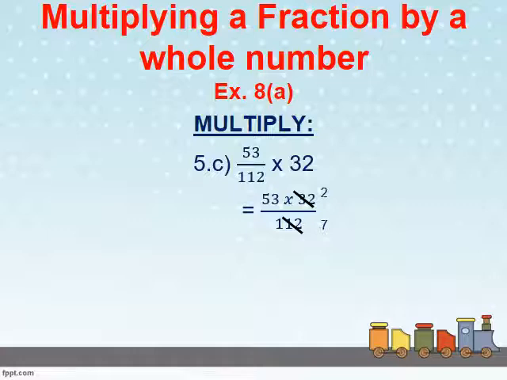Now in the next step, what are we going to write? We will write 53 multiplied by 2 upon 7, which in turn is equal to 106 upon 7. And since 106 by 7 is an improper fraction, we change it into a mixed fraction, which is equal to 15 1 by 7.